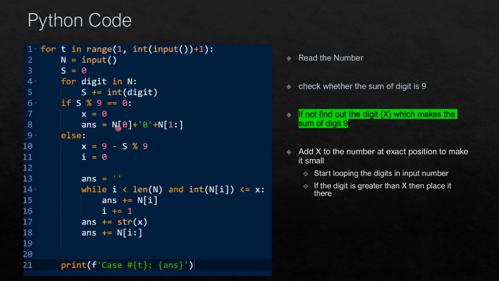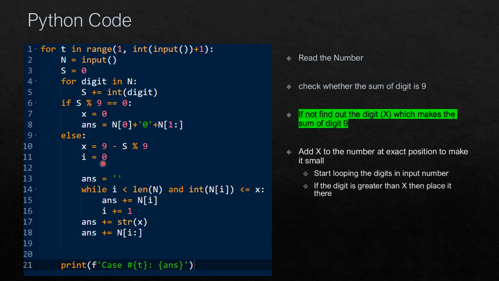So this is the Python code, and here I'm reading the input, and here I'm summing all the digits, and here I'm checking whether s mod 9 is equal to 0. If it is 0, then you can add that 0 in the second position, and place the other numbers left and right. Else, just find out what x is. x is nothing but 9 minus whatever remainder you get.